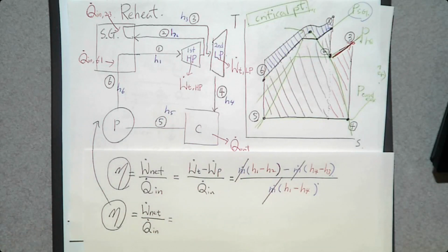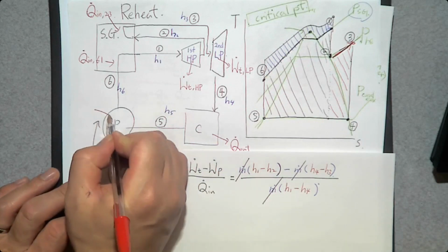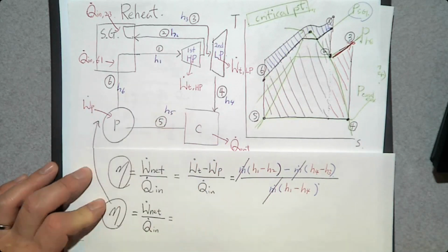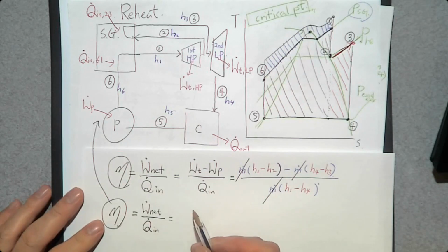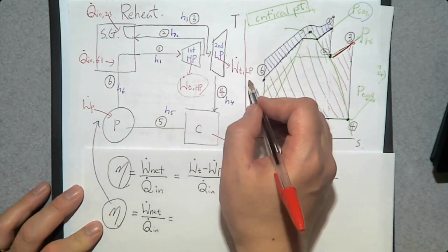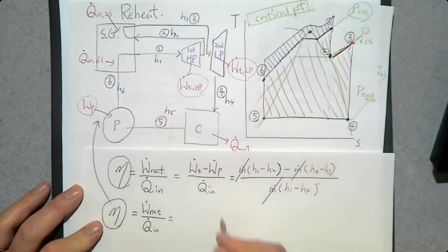So how do you determine the net power? How many powers do we have? I forgot to add pump power. So we have 3 powers: pump power, the turbine power during the high pressure stage, the turbine power produced during the low pressure stage. So the net power is going to be this one plus this one minus this one.